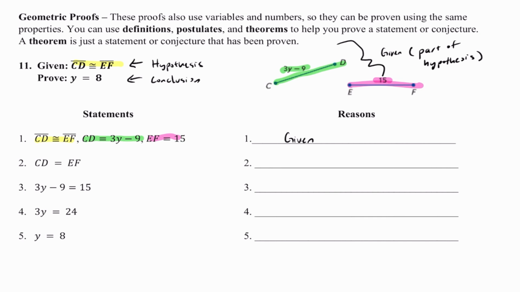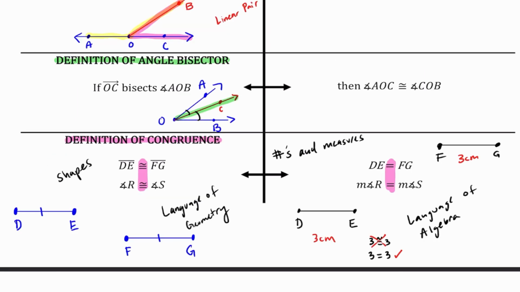But going from the first statement to the second statement, I'm going from the language of geometry to the language of what? Well, we have the measure of CD is equal to the measure of EF. The equal sign gives it away. So going back to my pink sheets, we have the measure of DE is equal to the measure of FG. It seems like I'm going from the language of geometry to the language of algebra.